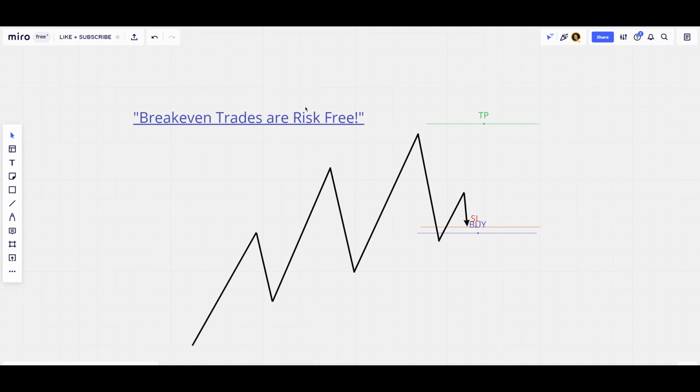So it's risk-free, right? And the reason why that's wrong is because every single trade that you take in a market, before I take any trade, there's a probable chance that my trade will go against me and I'll experience a loss. So if I have a stop loss, it might go against me, hit my stop loss, and I'll experience a quick loss.